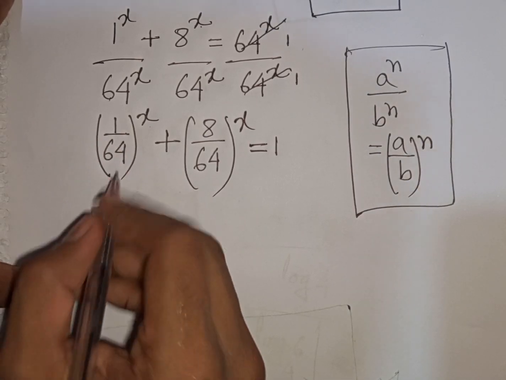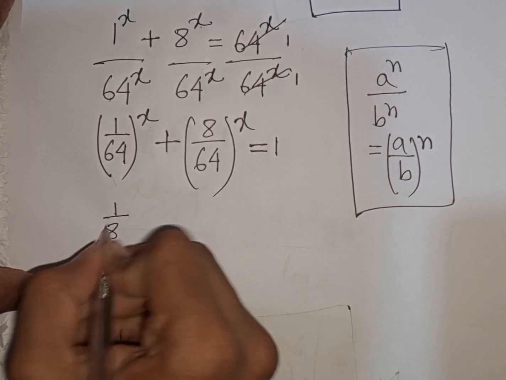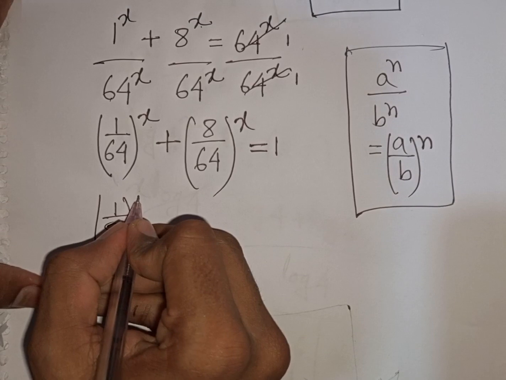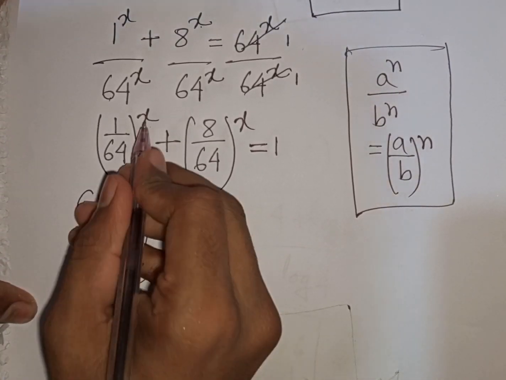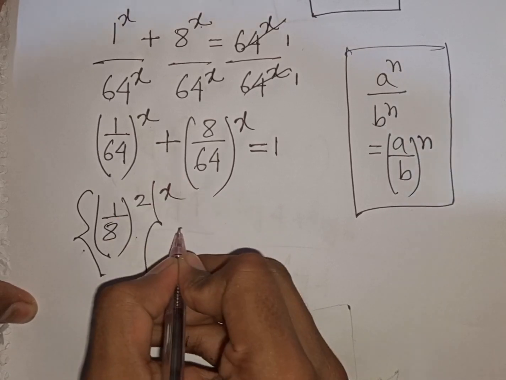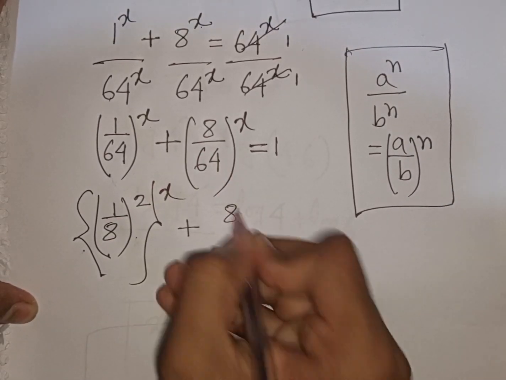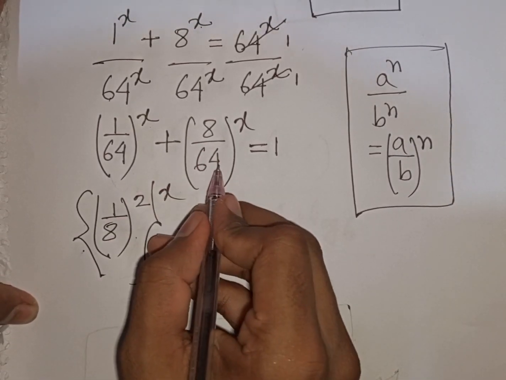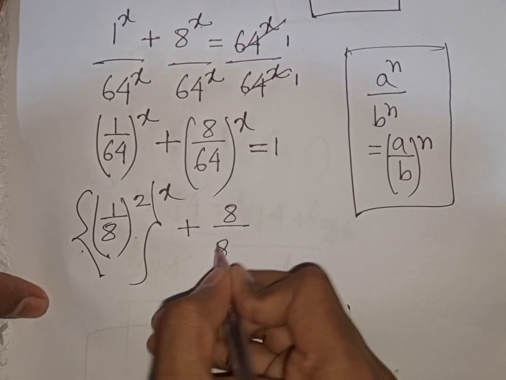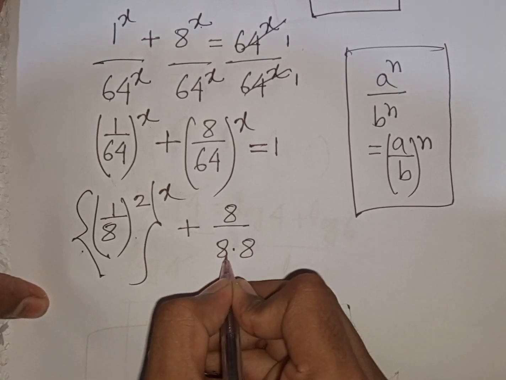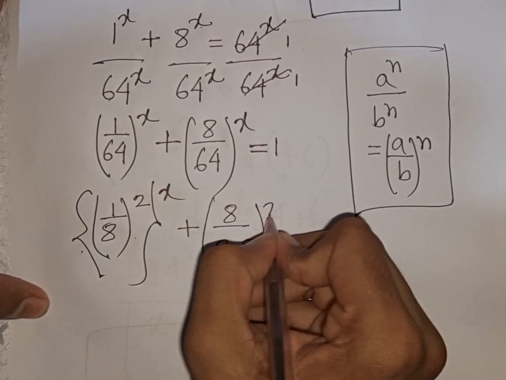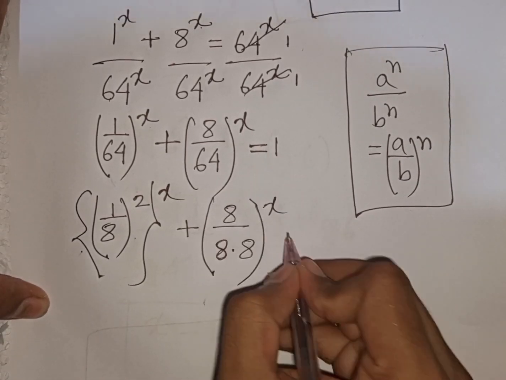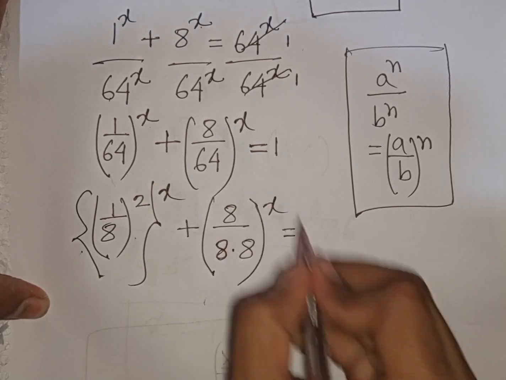Now, 1/64 can be written as (1/8^2)^x, plus 8/64 can be written as 8 over 8 times 8, then to the power of x is equal to 1.